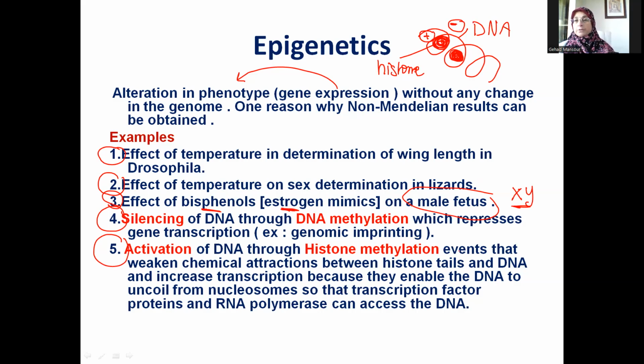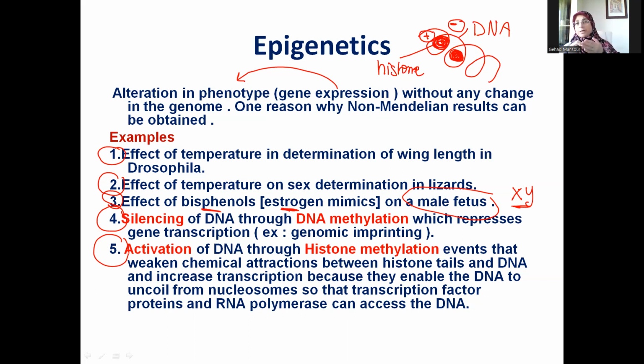When you methylate the histone, when you add a methyl group to certain amino acids in the histone protein, you didn't make any change in the DNA structure, you didn't make any change in the nucleotide sequence, for example, but all what you did is that you weakened the attraction force between DNA and histones. DNA has a negative charge on the phosphate, histones have certain positively charged amino acids, and there is an electrostatic attraction force between the two.